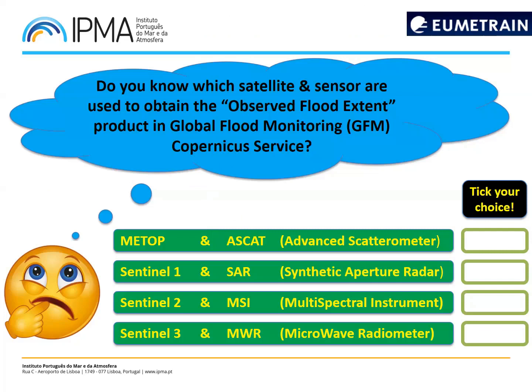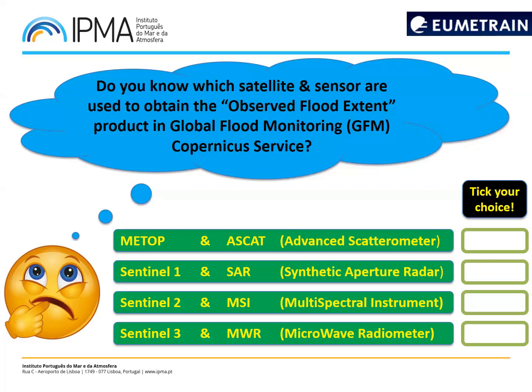The question is, which satellite and sensor are used to obtain the observed flood extent product in the global flood monitoring, the GFM of the Copernicus system? So you have a lot of possibilities here. The first possibility is the METOP and ASCAT. The second one is Sentinel-1 with SAR, synthetic aperture radar.